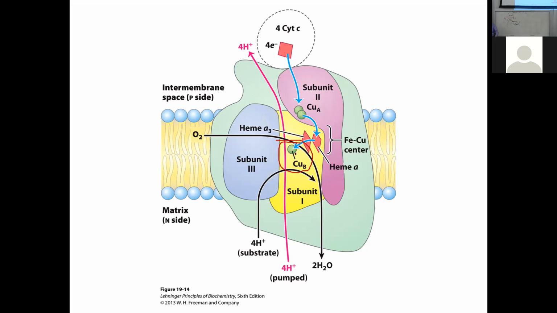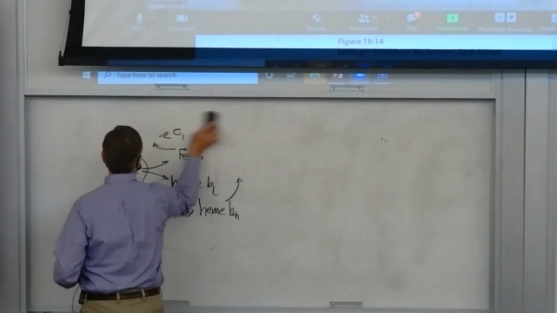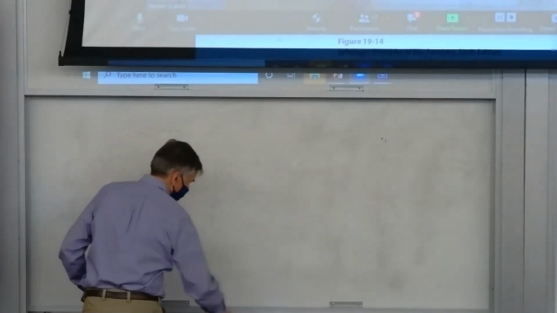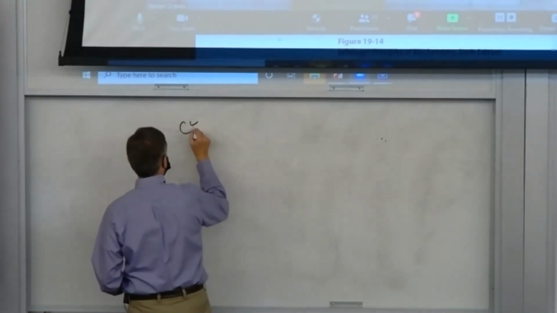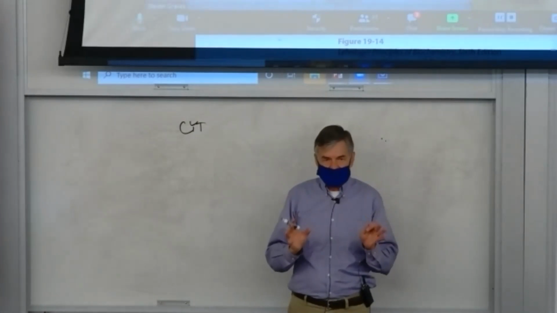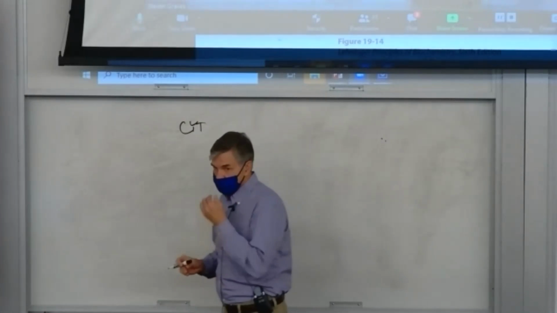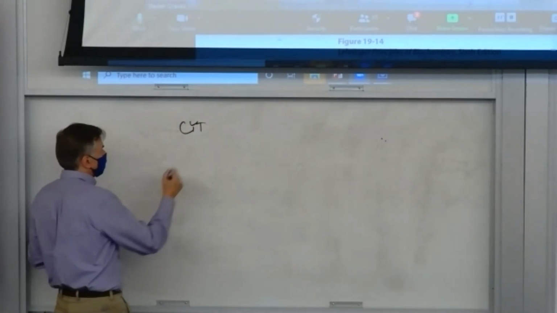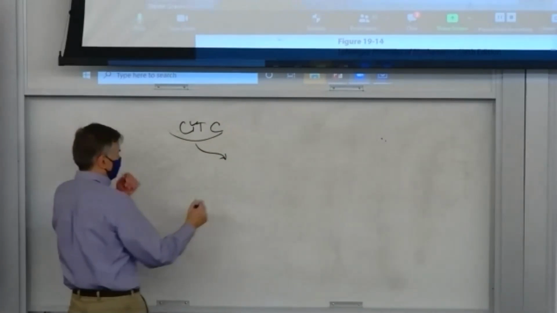So let me talk just a minute about how this process may take place. Let me go back to the board again for a minute. So the cytochrome C is going to bring in just 1 electron. And we need 4 electrons to reduce molecular oxygen, which is O2, to 2 copies of water. So it's 4 electrons, 4 protons involved, but cytochrome C is only going to deliver 1 electron at a time.